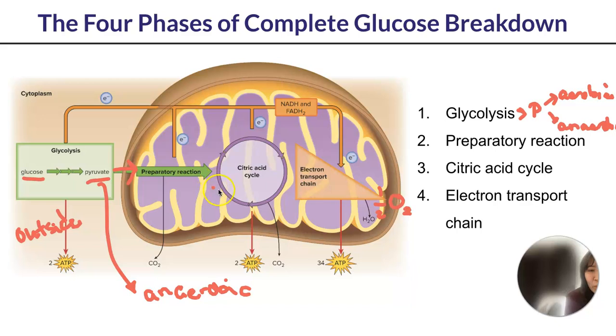After that, if we do have oxygen available, it's going to go to this preparatory stage, which is converting this pyruvate and making it better accessible. So taking the pyruvate and converting it to a different type of molecule that will make it more accessible, and from there going through a citric acid cycle.